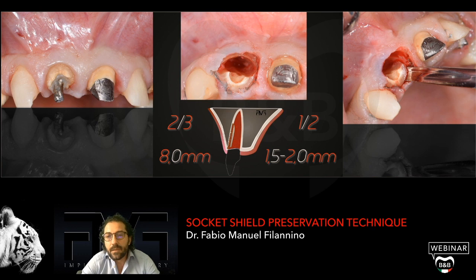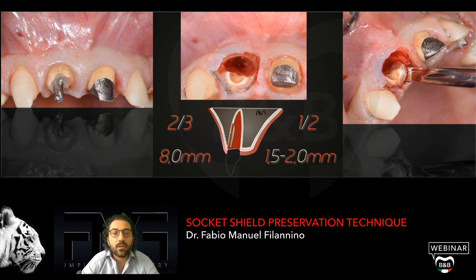One half is the half of the width between the root canal and the buccal aspect of the root. And we can also consider 0.25, one quarter of the diameter between the buccal and the palatal aspect of the root.